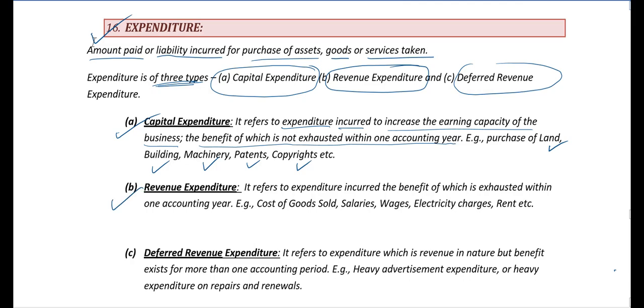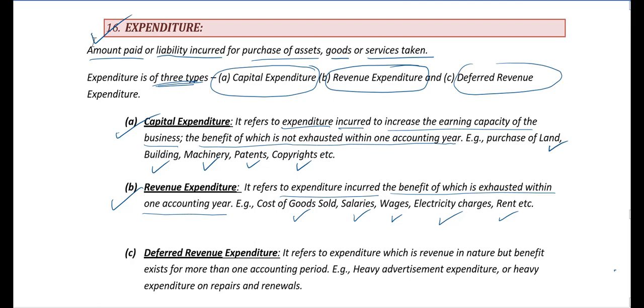What is revenue expenditure? When we incur expenditure, the benefit of which is exhausted within one accounting period, we call it revenue expenditure. For example, the cost of goods sold, salaries, wages, electricity charges, rent, all these are examples where when you incur the expenditure, the benefit of the expenditure gets exhausted in that one accounting year when you pay the expense. Employees work for you only if you pay salaries till they work for you.